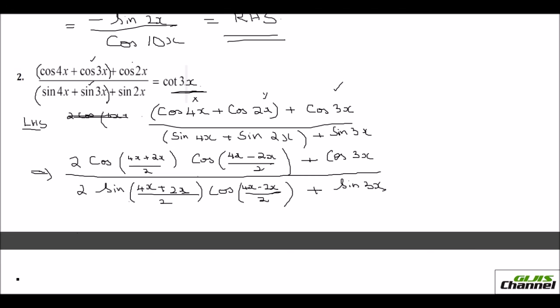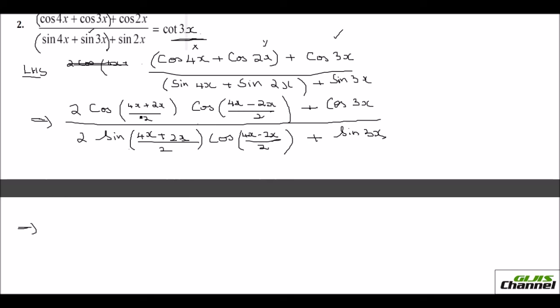So now when you solve this, what do you get? Your cos of 4x plus 2x is 6x divided by 2 is 3x. So I get 2 cos 3x. Here it is cos of 4x minus 2x is 2x divided by 2, so that's cos x, okay?